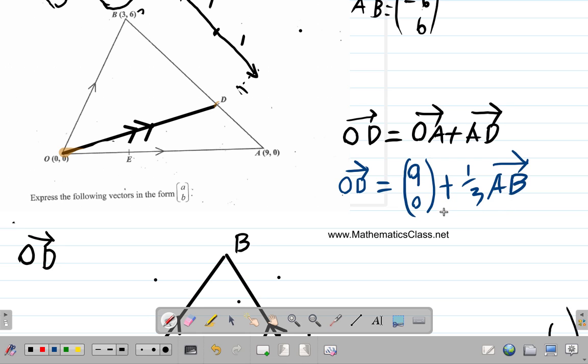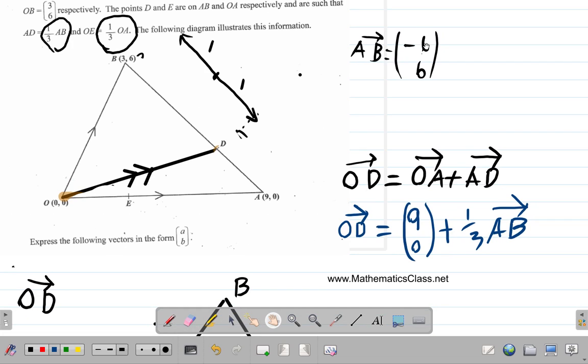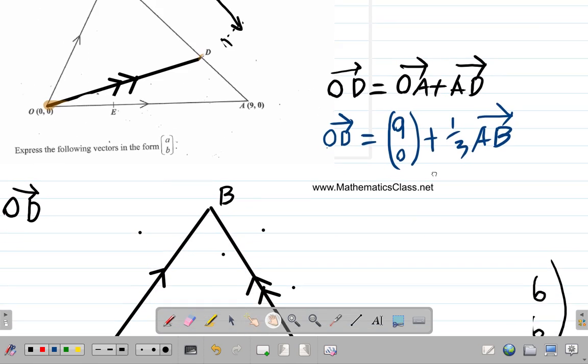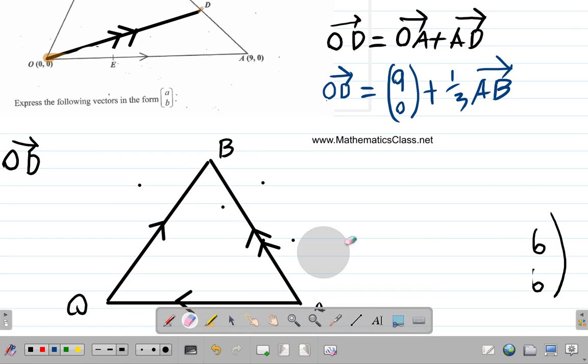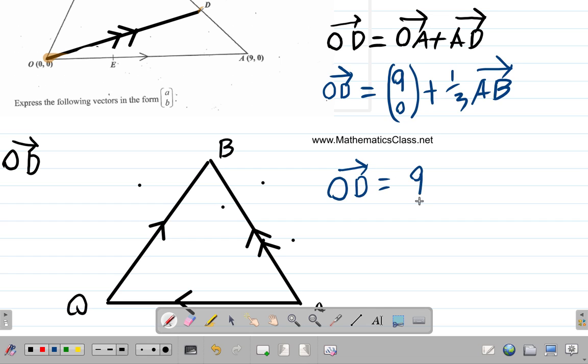Do you know AB? Yes. We found it earlier. It is (-6, 6). Now, OD is equal to (9, 0) plus 1/3 of (-6, 6). Do you see that?